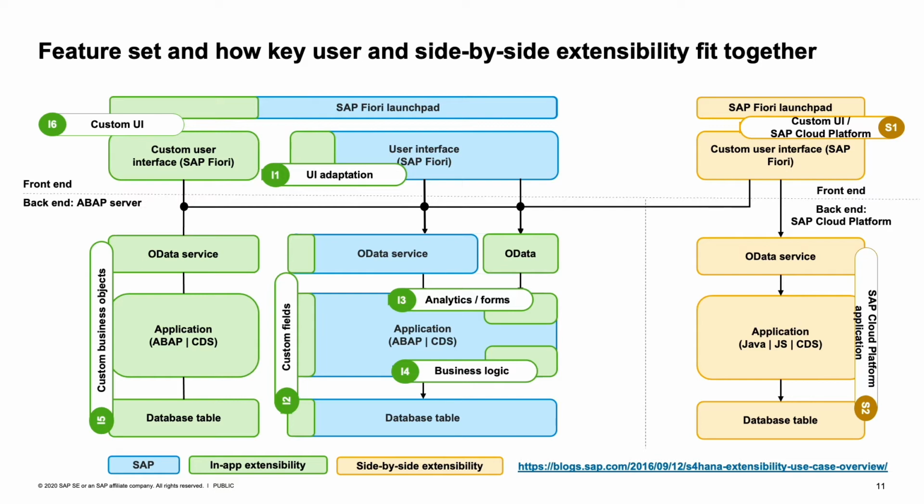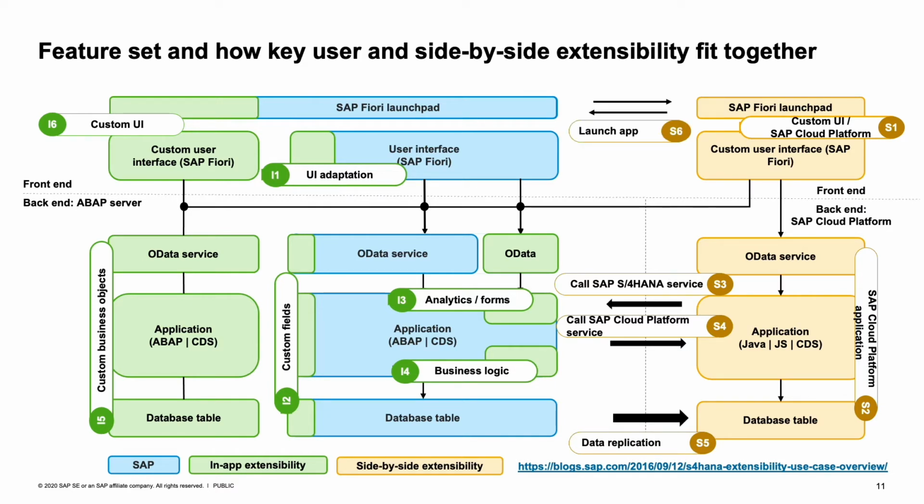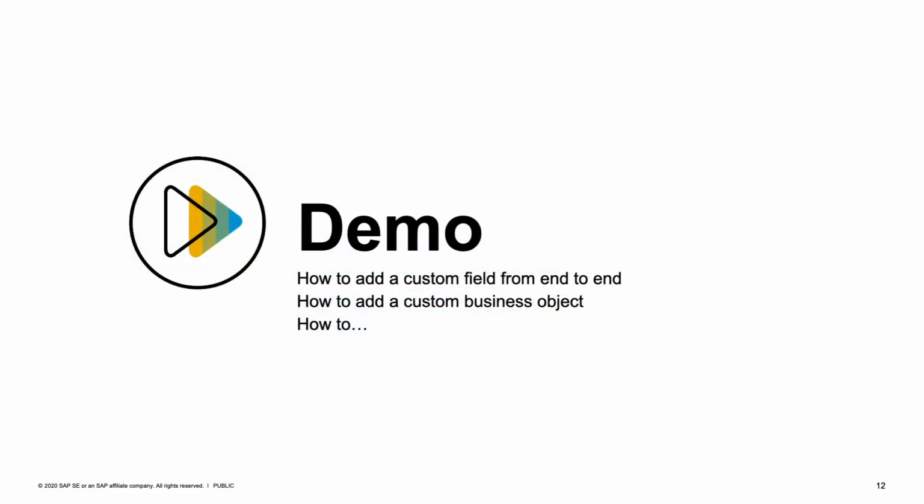As runtime, you have Java, you have Node.js, you can even have ABAP. And in addition to that, you can call OData services in your SAP Cloud Platform application from S4, but also, and that's very interesting, the other way around, from your custom logic, you can call OData services in your SAP Cloud Platform. Also, I already mentioned that you have data replication in place, and you can use the event integration, also quite important. So far, the overall feature set and how side-by-side and in-app extensibility interact together. And now let's come to the demo.